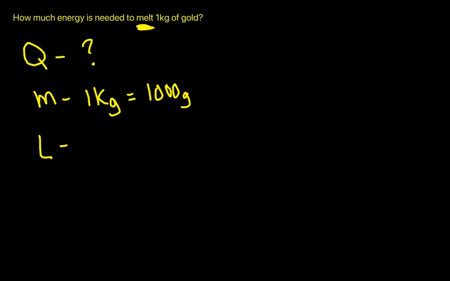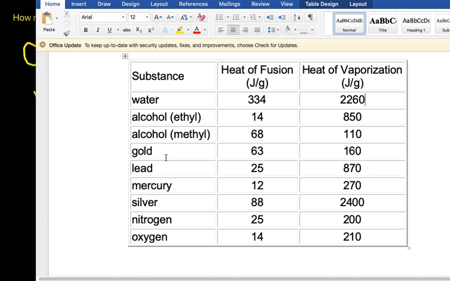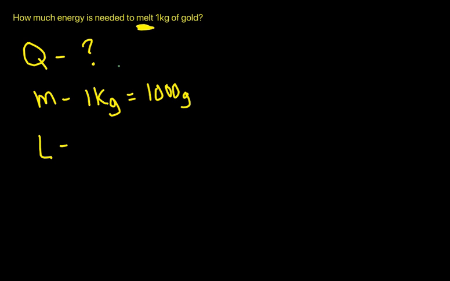So I need to look at my chart. Gold fusion is 63 joules per gram. So when I get my answer, it will be in joules, and the mass I need to use is grams. So I'm going to use 1,000.